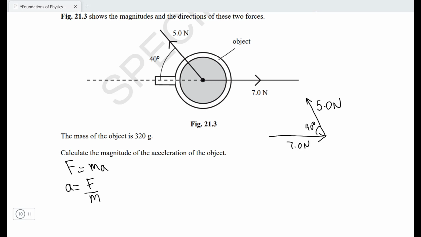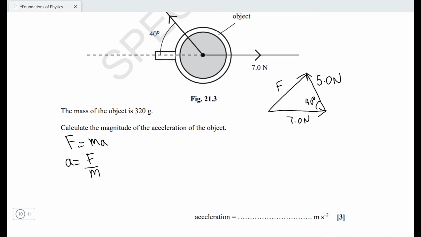Okay, probably the easiest way of doing this is by using the cosine theorem, which will allow us to find the resultant. So let's say that this here is our resultant. Let's call that F. The cosine theorem works like the Pythagoras theorem for non-perpendicular vectors.